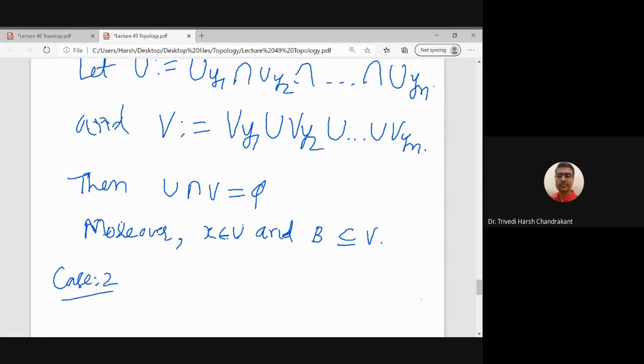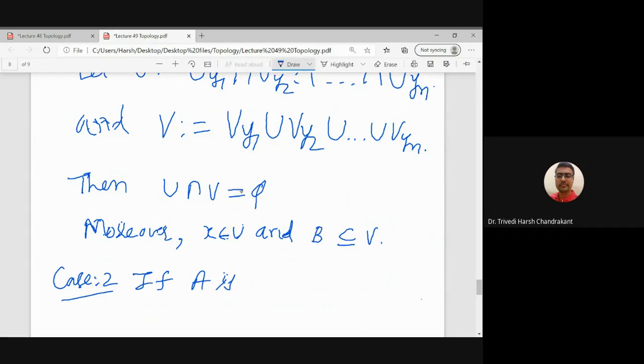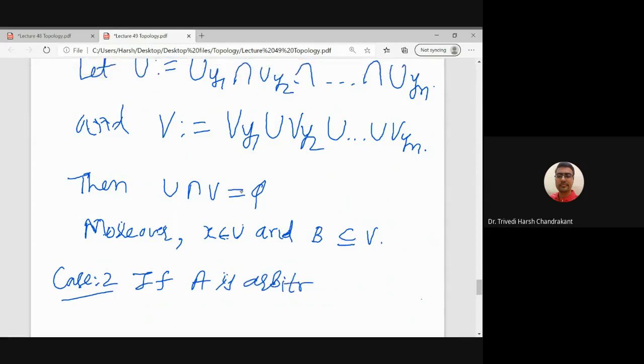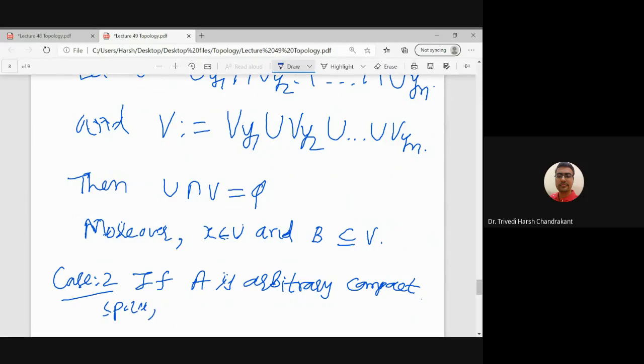Now we will consider case 2. Case 2 means A is not necessarily a singleton set. That means A is any arbitrary compact set. In this case, we are going to use a similar argument.